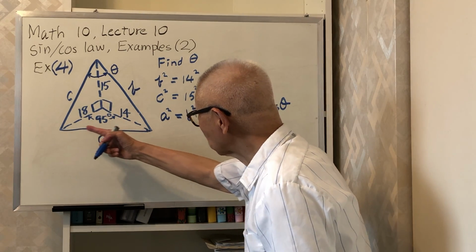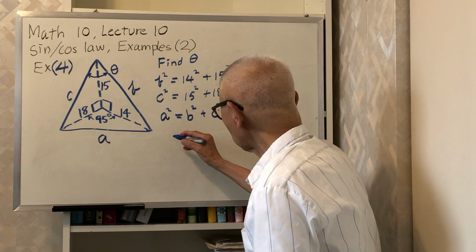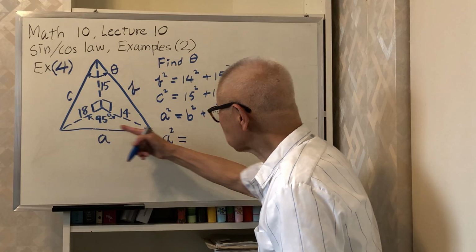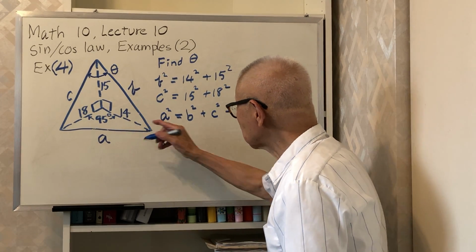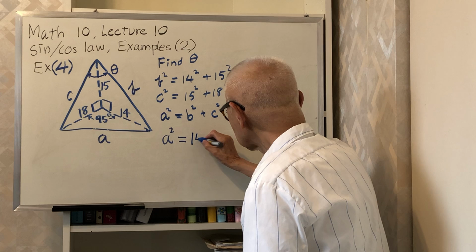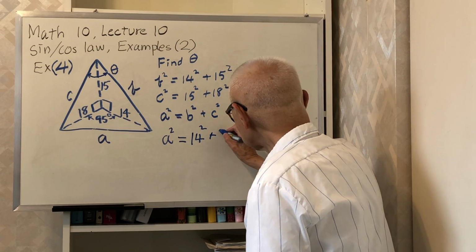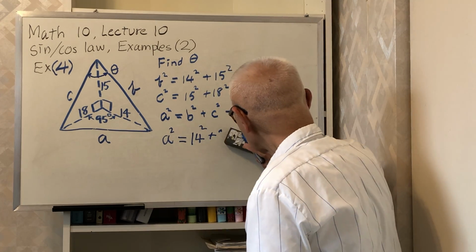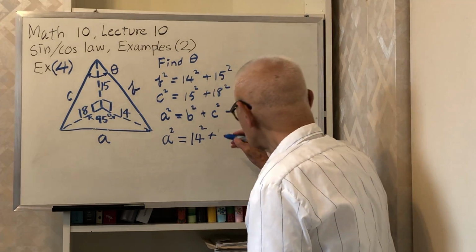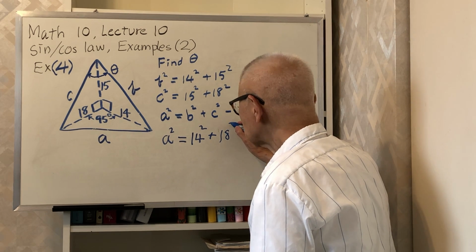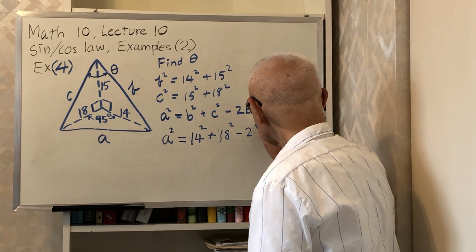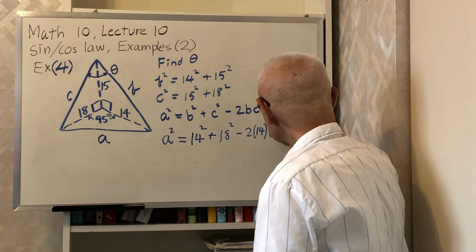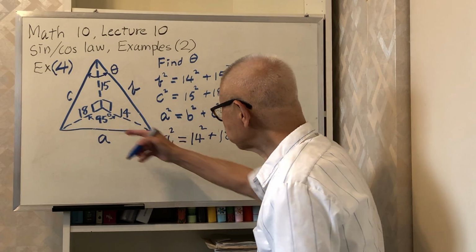And from this triangle, I also have cosine law. In this triangle, I have cosine law. So A squared is 14 squared plus 18 squared minus 2 times 14 times 18 times cosine 95 degrees.